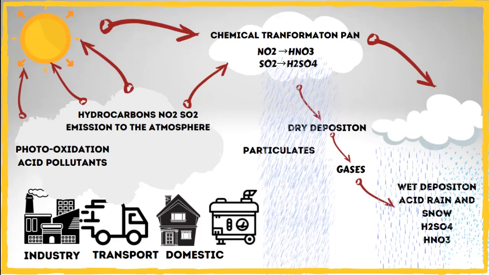As a result, the two compounds can travel long distances where they become part of the rain, sleet, snow, and fog that we experience on certain days. Then these acids come to the earth either in dry deposition, that includes gases, or in wet deposition, that includes acid rain, snow, and fog.